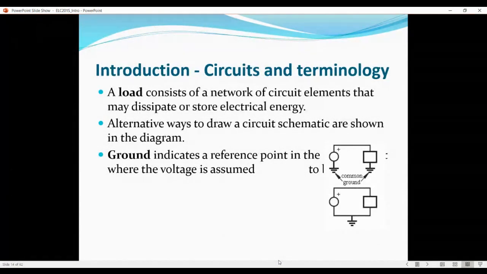Another important thing: a load consists of a network of circuit elements that may dissipate or store electrical energy. Not a big deal to worry about that. What's important here is to note the ground. What is a ground, students? Who's familiar with the ground?